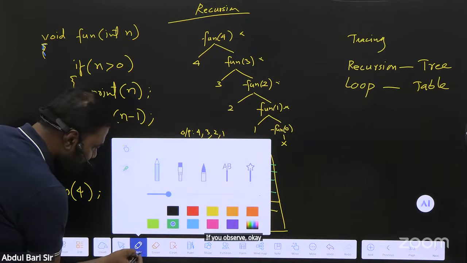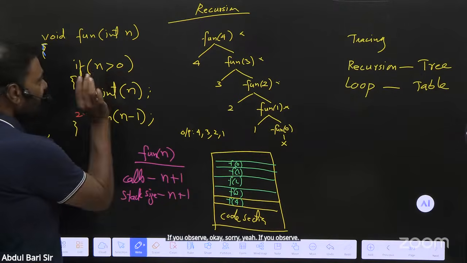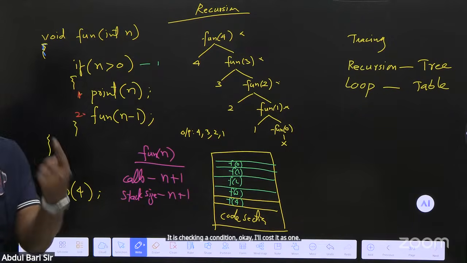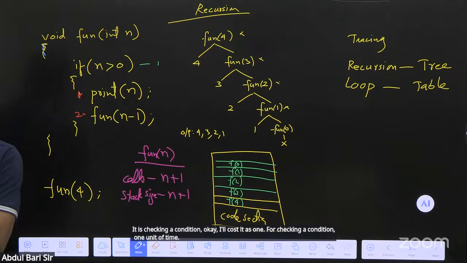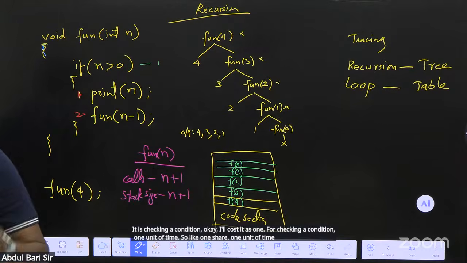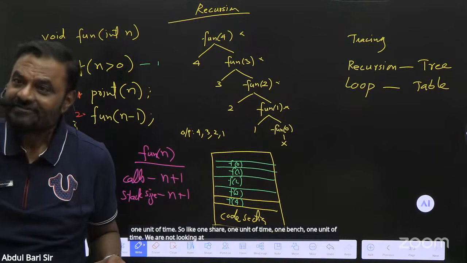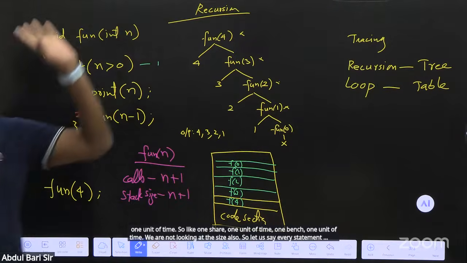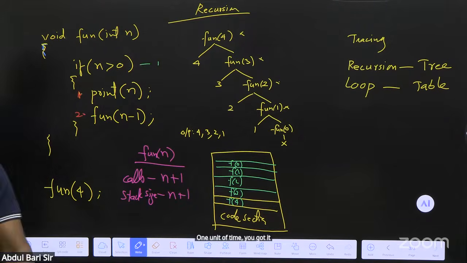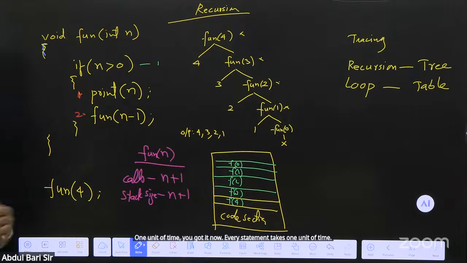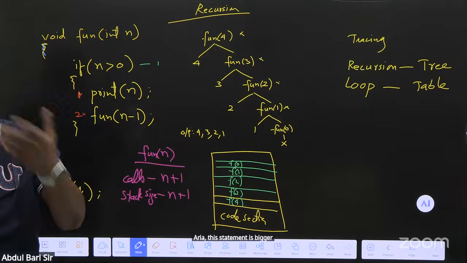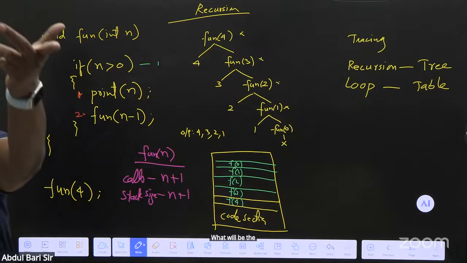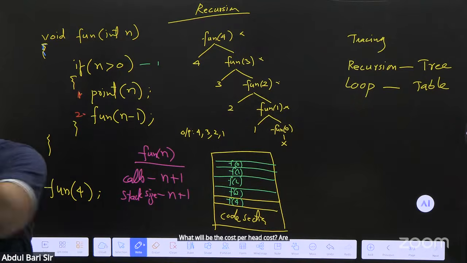If you observe, it is checking a condition. I'll cost it as 1. For checking a condition, 1 unit of time. So like one chair, 1 unit of time, one bench, 1 unit of time. We are not looking at the size. So let us say every statement takes 1 unit of time. This statement is bigger, this is smaller. We don't want that. Just like per head cost: he is fat, he is slim, he eats more, he eats less.